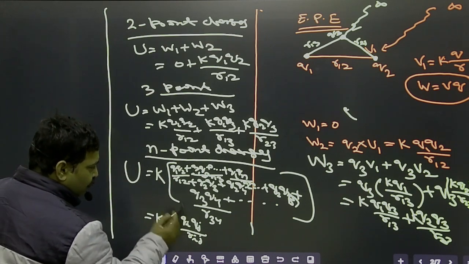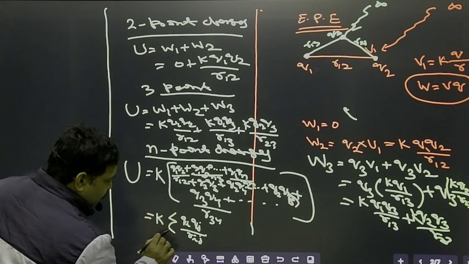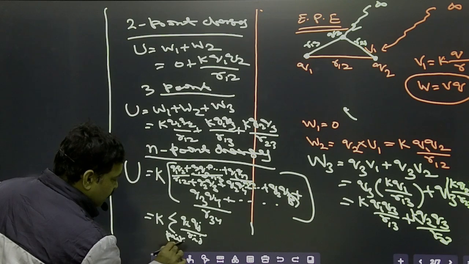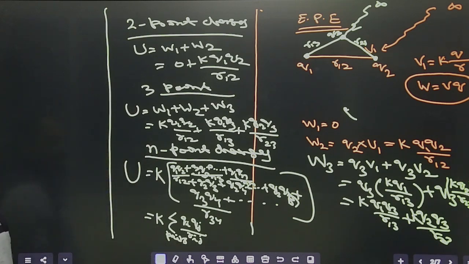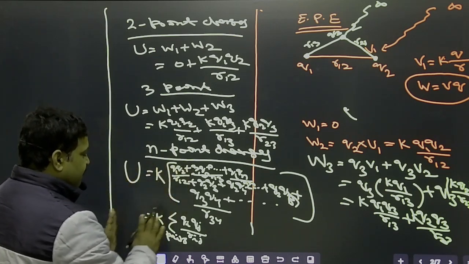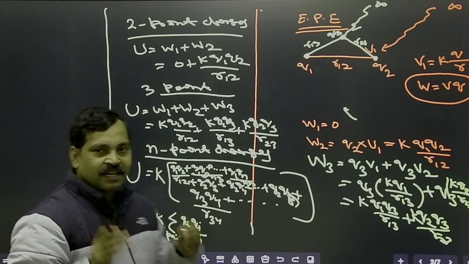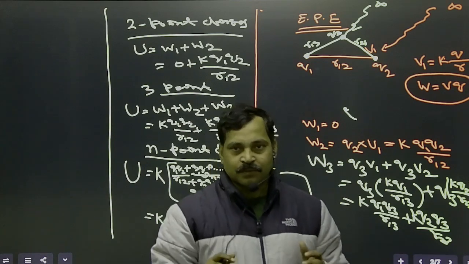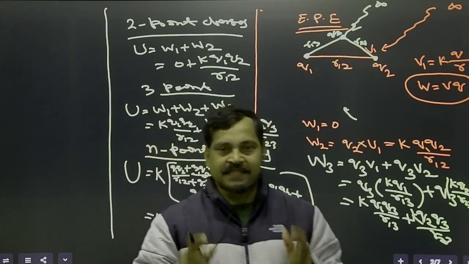So I will write here that this is for pairs only. Pairs means 1 2 and 2 1 will be counted as 1 only. So this is the derivation for the electrostatic potential energy of a system of n point charges.